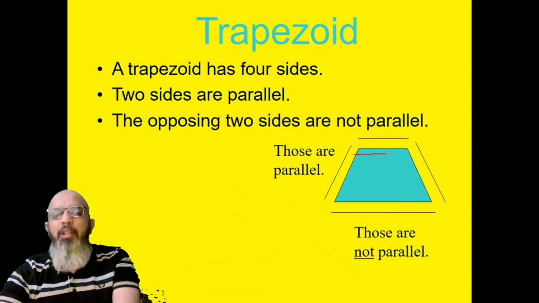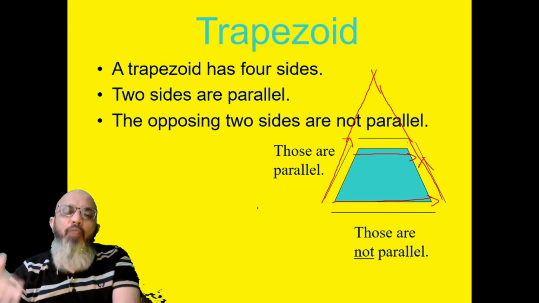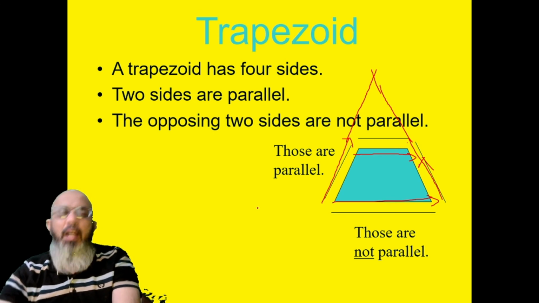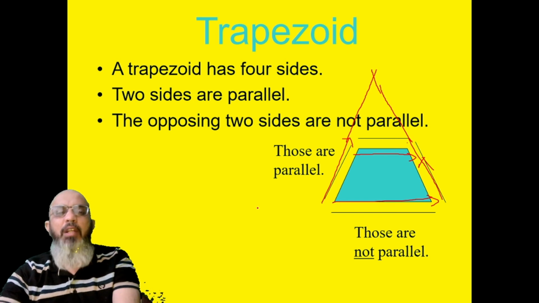In this trapezium, this side is parallel to this side, but this side is not parallel to this side. How can you know? Because if we extend these lines, they will meet at some point, so these are not parallel lines. So in a trapezoid we have one pair of parallel lines and the other pair of opposite sides is not parallel. Clear? So that is the difference between rectangle, parallelogram and trapezium.